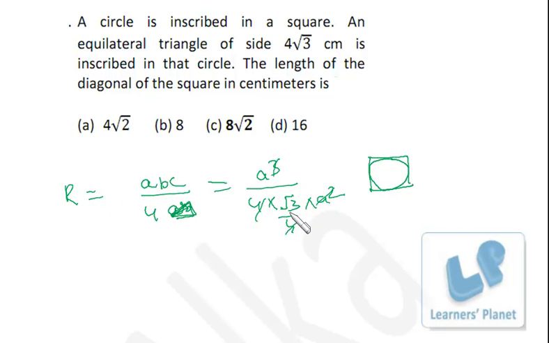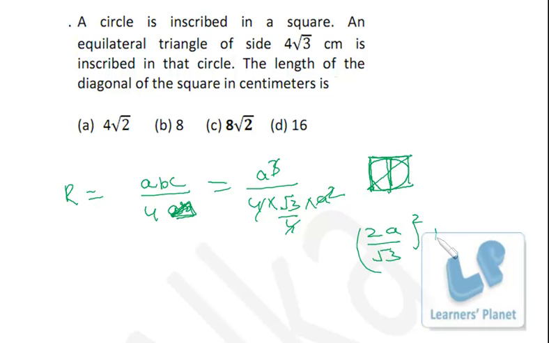So r will be a by √3, that is radius of the circumcircle will be a by √3. That means diameter of the circumcircle will be 2a by √3. Diameter of the circumcircle and side of the square will be same. So we know the side, then we can easily calculate the diagonal, right?